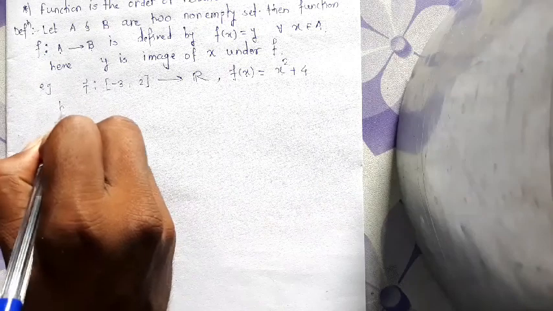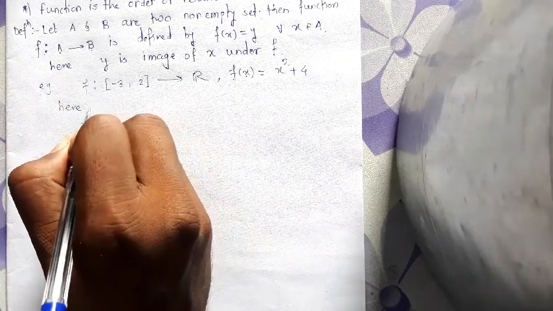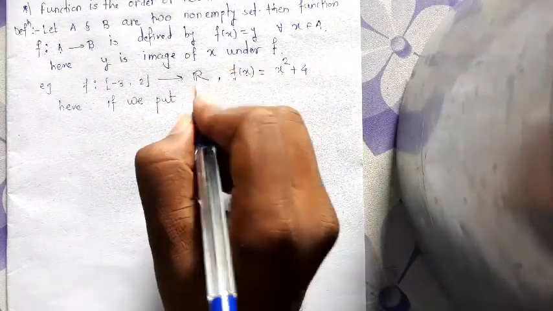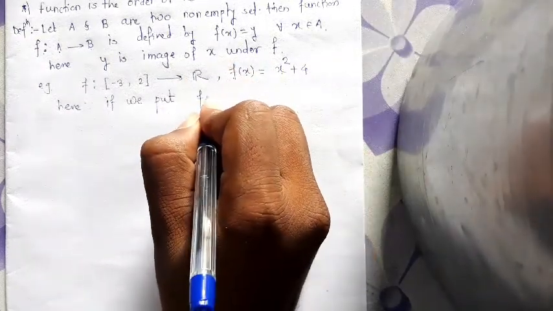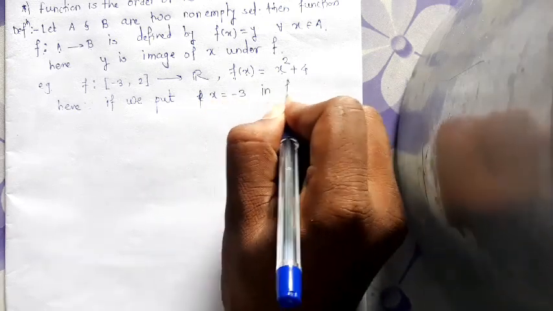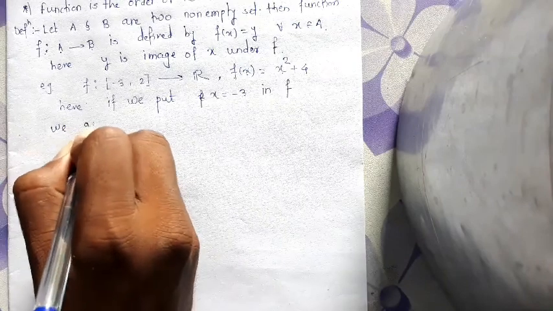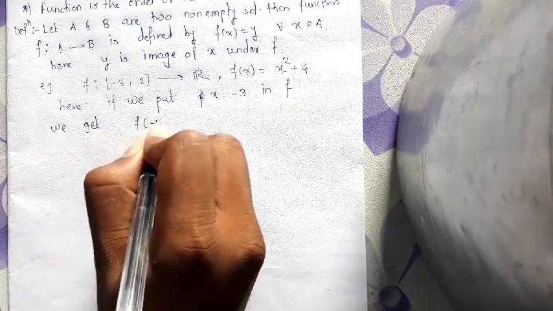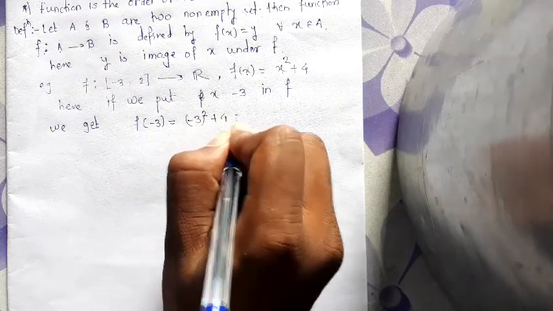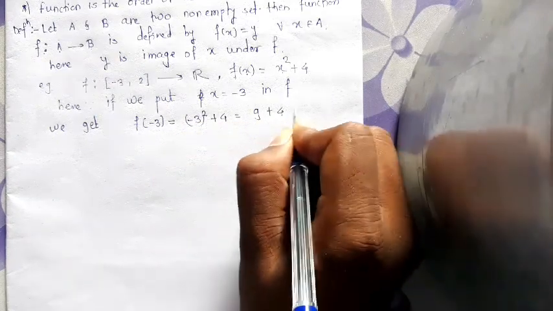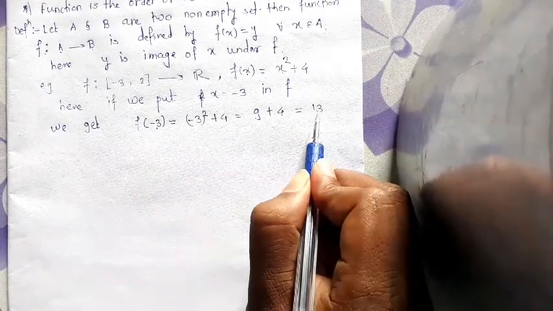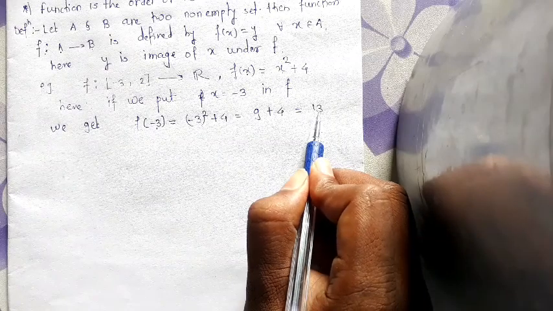Here, if we put x equal to -3 in f, we get f of minus 3 is equal to minus 3 square plus 4, that is 9 plus 4, which is 13. So this is my value of x and this is the respective value y.